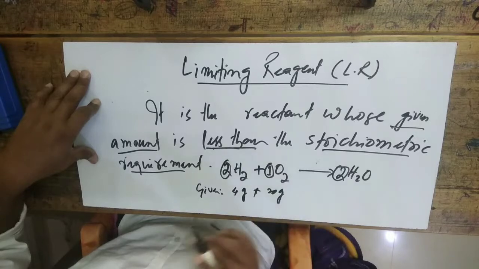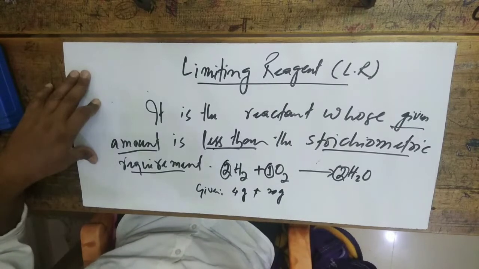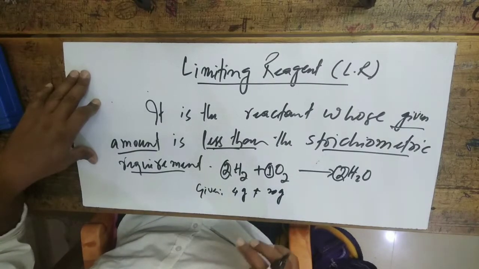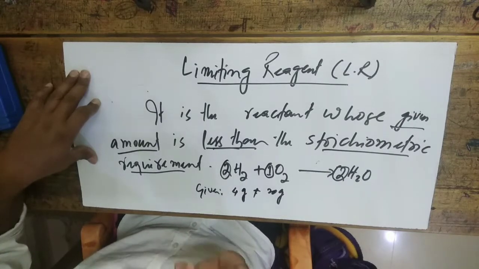So if in the question, for example, 4 gram of hydrogen is combined with 20 gram of oxygen, then we can decide which reactant is the limiting reagent.